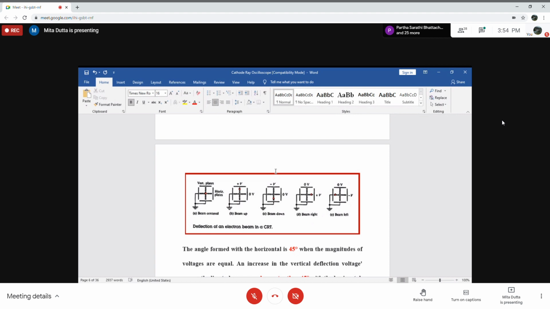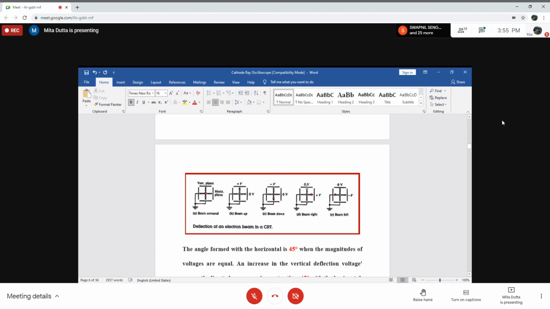It will be at an angle of 45 degrees when two equal voltages are applied to both vertical and horizontal deflecting plates. Yes ma'am, √2V. Yes. And the angle will be 45 degrees.